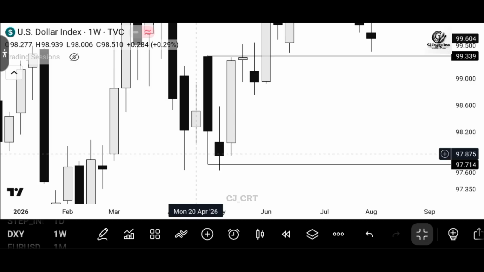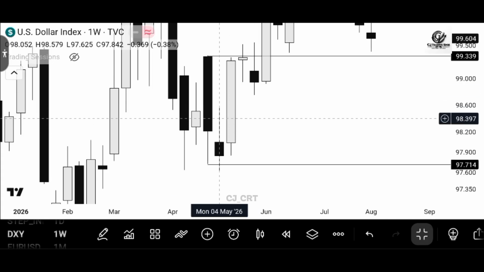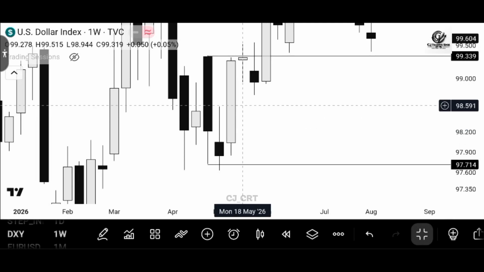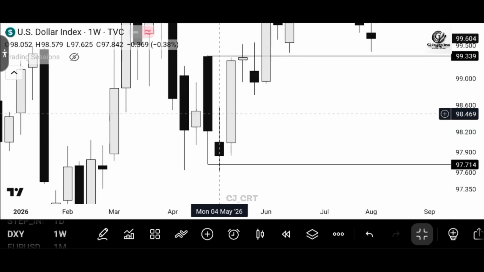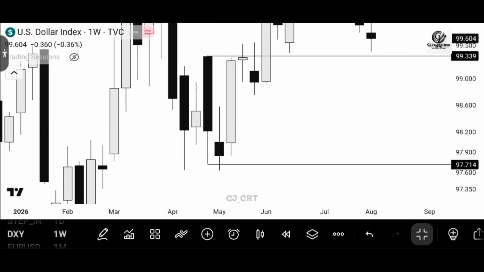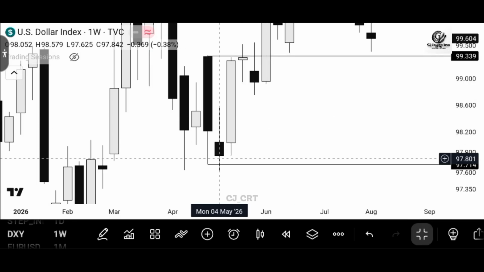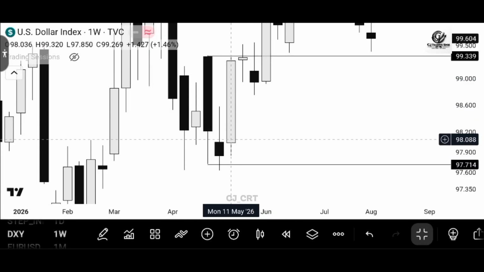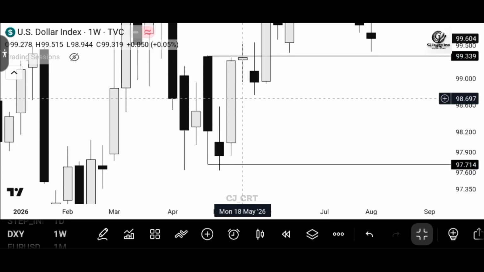I'm making use of this particular setup because I used the DXY setup to get some entries and some money from Euro USD. That was during this period, during the month of May. So now if you want to know your weekly bias, where the market is likely to go, the direction of the market as a CRT trader, this alone will help you.